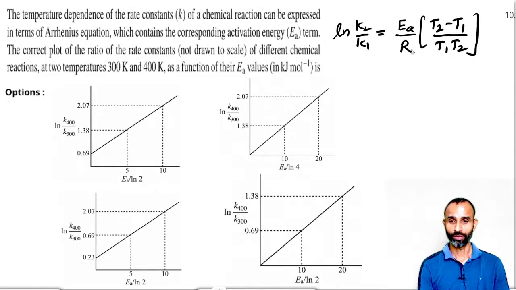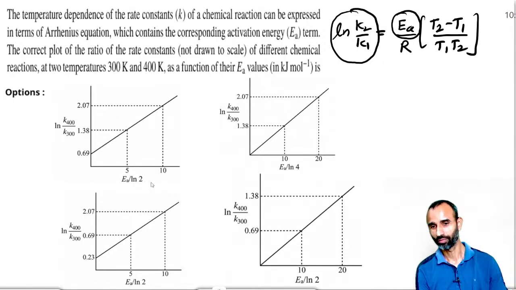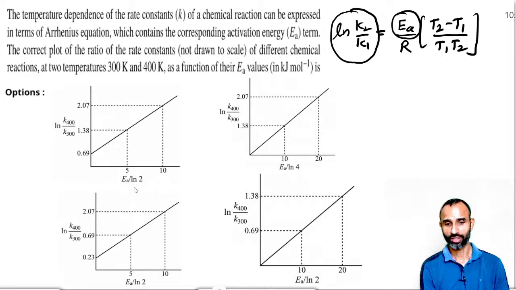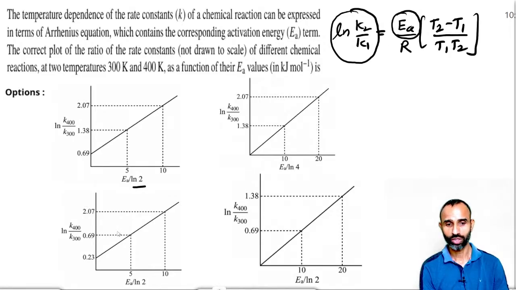So see, if we plot a graph between natural log of K2 by K1 versus activation energy, with activation energy divided by natural log of 2, natural log of 2 is constant, so overall it is a natural log of K2 by K1 versus activation energy graph. It should start from origin.